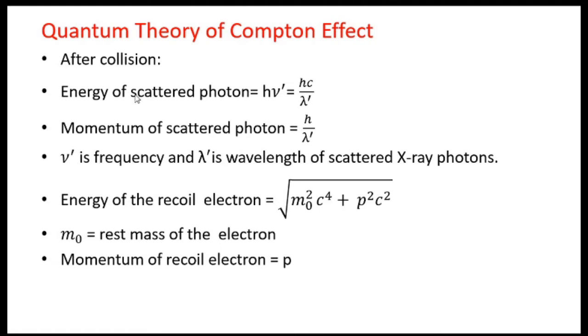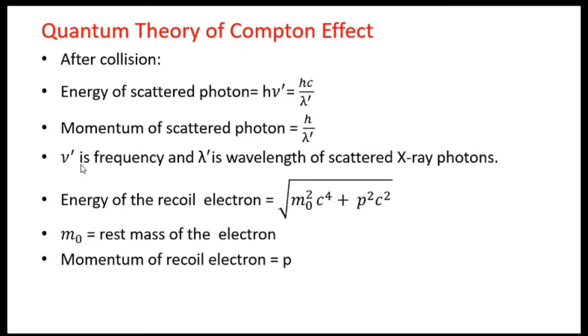Now after the collision, the energy of the scattered photon is given by h nu dash, and we can write this as hc upon lambda dash by using the relation that frequency into wavelength is equal to the speed of light, and momentum of the scattered photon is h upon lambda dash.